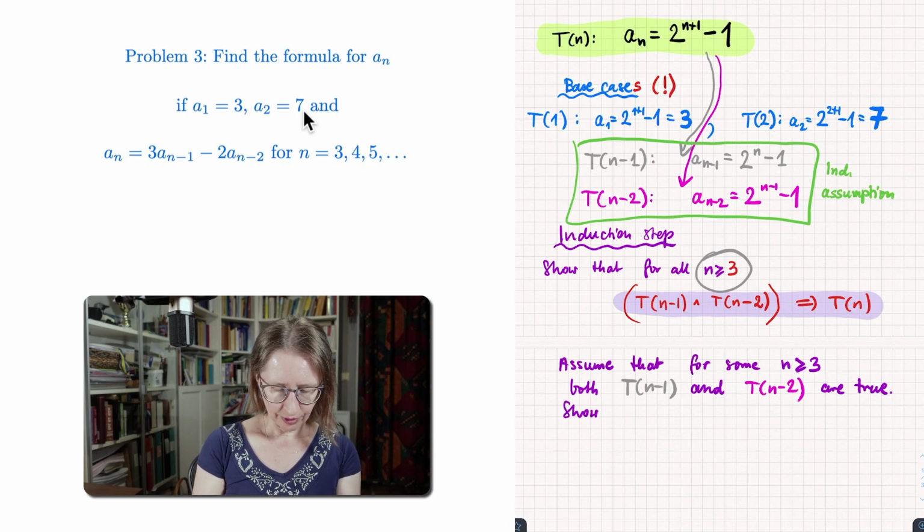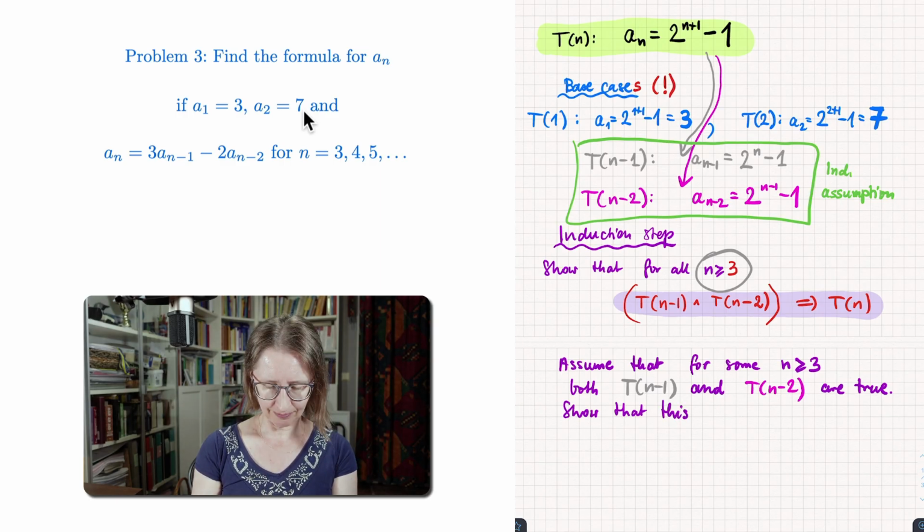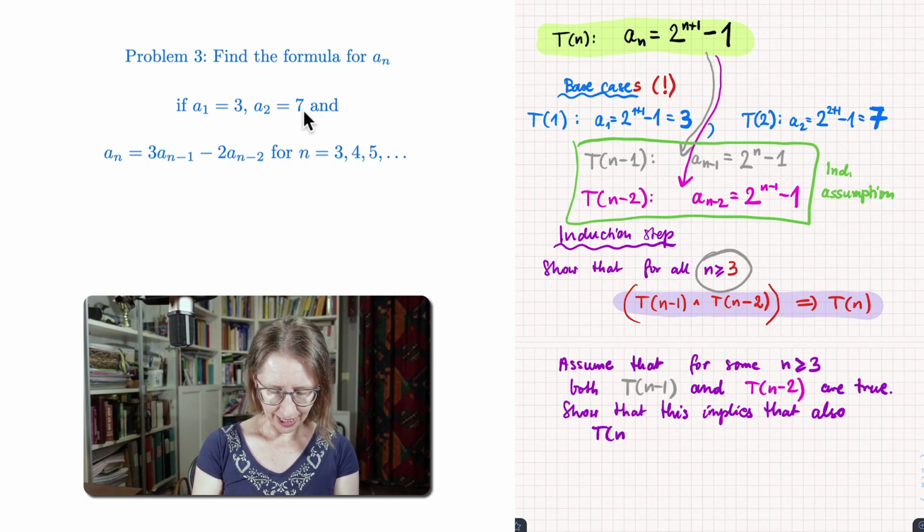Show that this implies that also T of n is true.